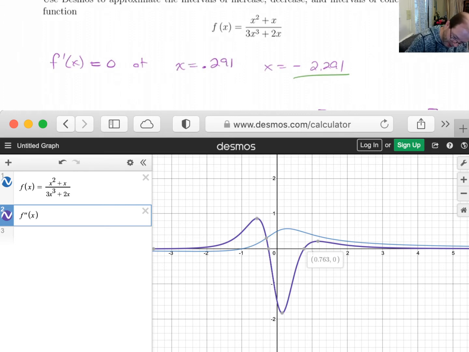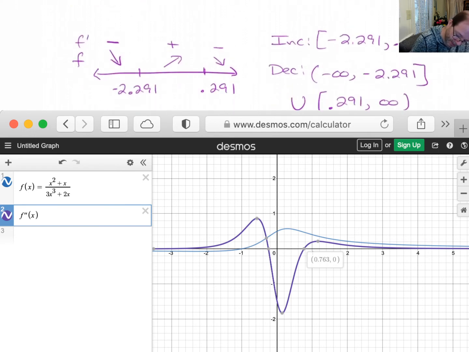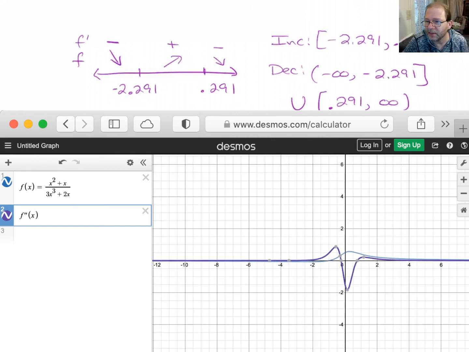So the second derivative equals 0 when, let's put these in order, x equals negative 0.248 and when x is equal to 0.763. So if I do my number line here, is that all? I think so, yeah.